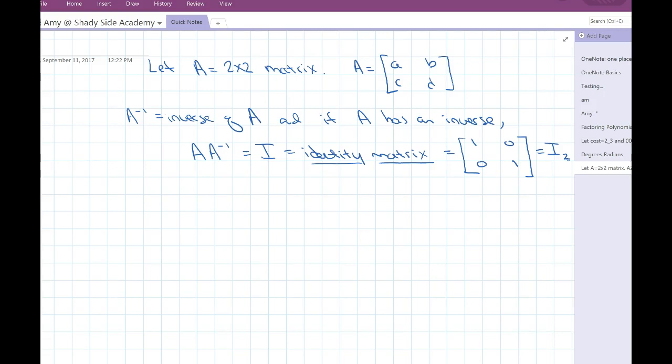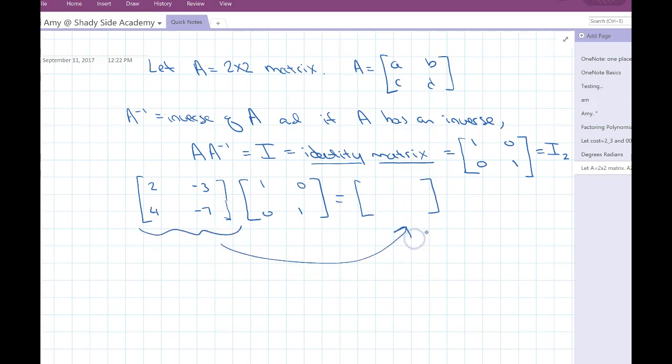And maybe you're wondering, how do I know that this is the identity matrix? And maybe you'll play with a couple of matrices. Maybe you'll look at something like this, 2, negative 3, 4, negative 7. And if you multiply this by 1, 0, 0, 1, and if you do it fairly swiftly, you will see that the matrix that you get when you multiply is right here.